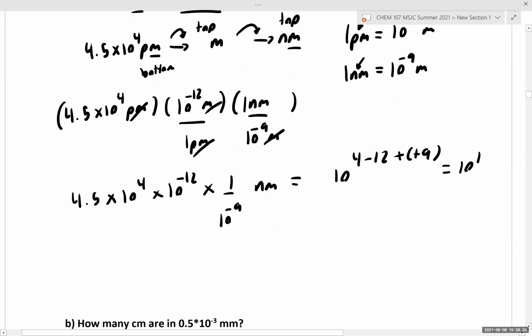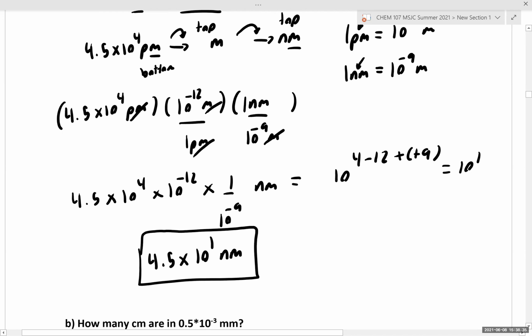So we can rewrite this as 4.5 times 10 to the 1st nanometers. Does this example make sense to everyone? Any questions on this example?